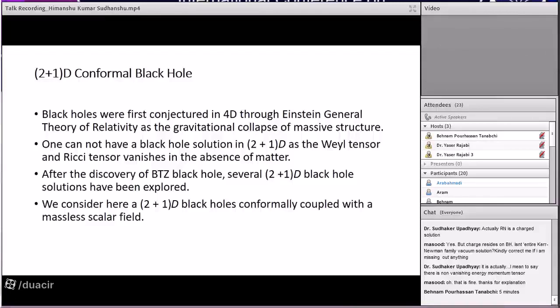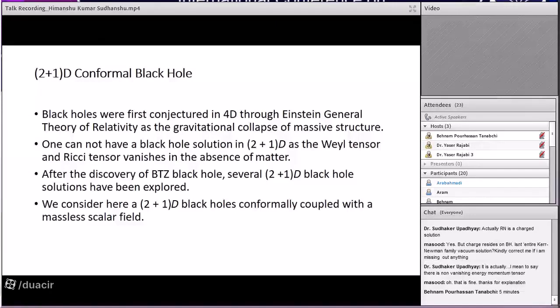But one cannot have a 3D black hole solution as the Weyl tensor and Ricci tensor vanish in the absence of matter. But after the discovery of the BTZ black hole solution, several 3D black hole solutions have been explored.